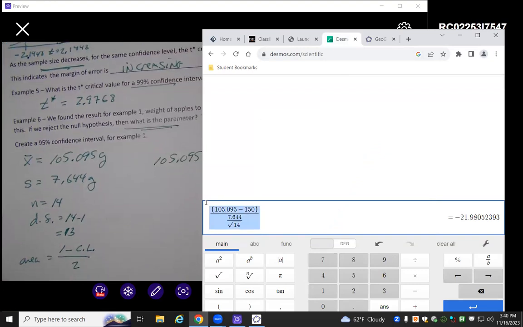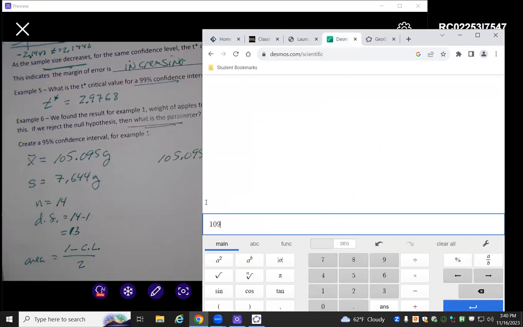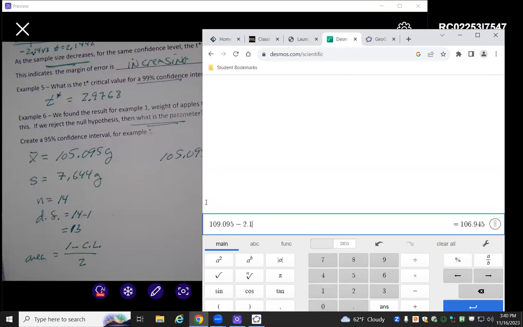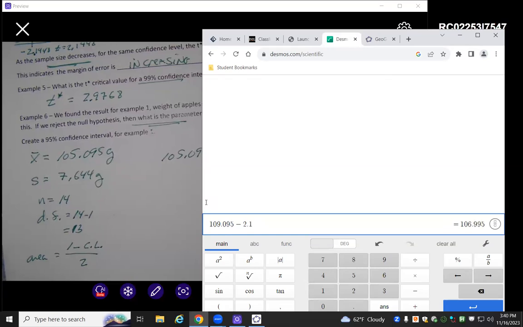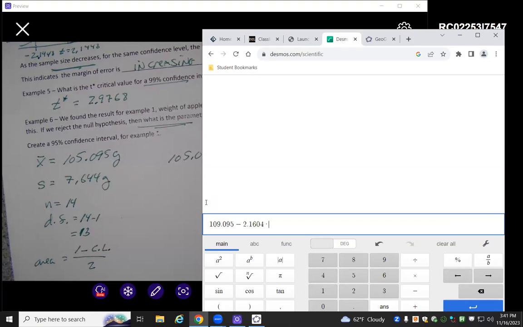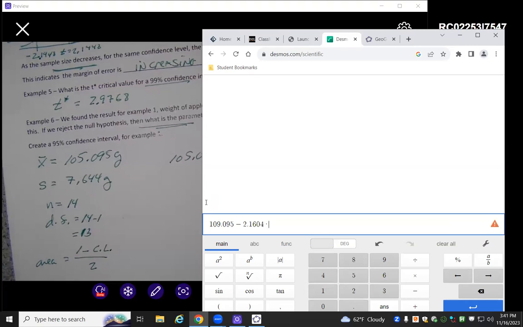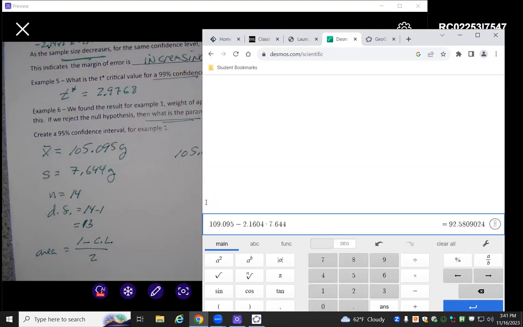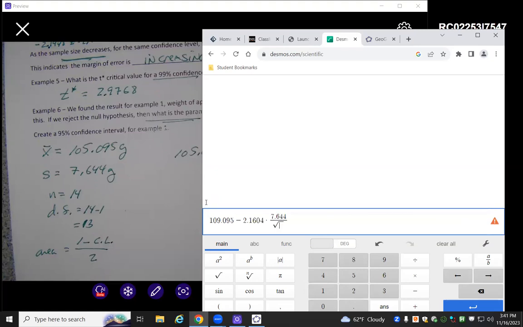So I come over here and type 105.095 minus 2.1604 times 7.644 divided by the square root of 14.